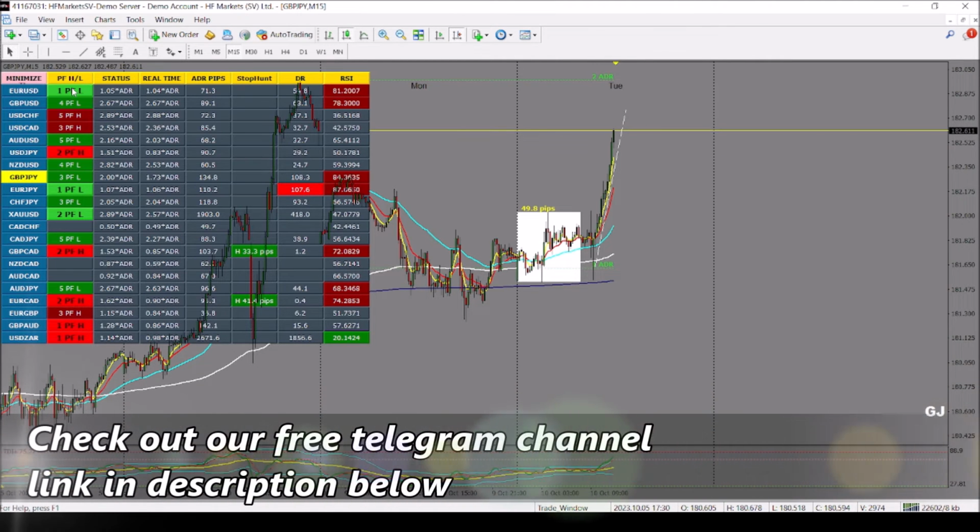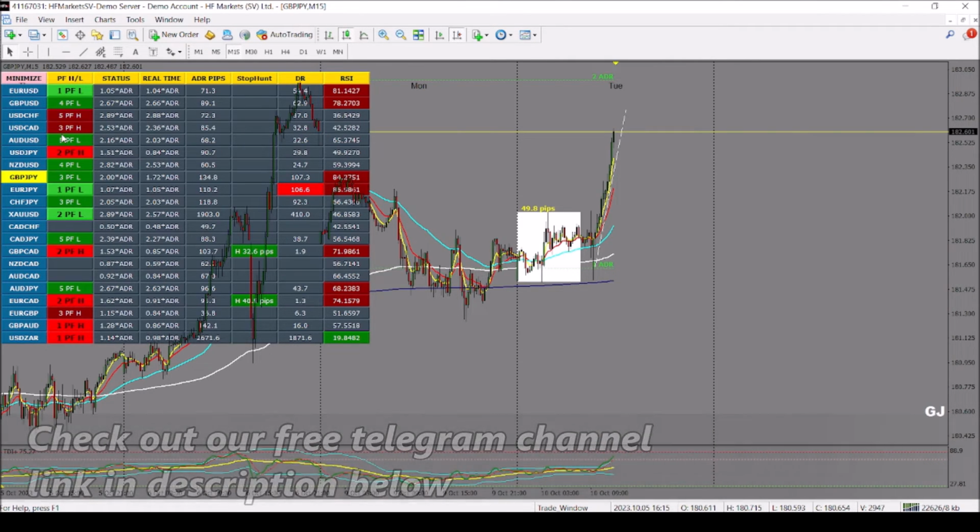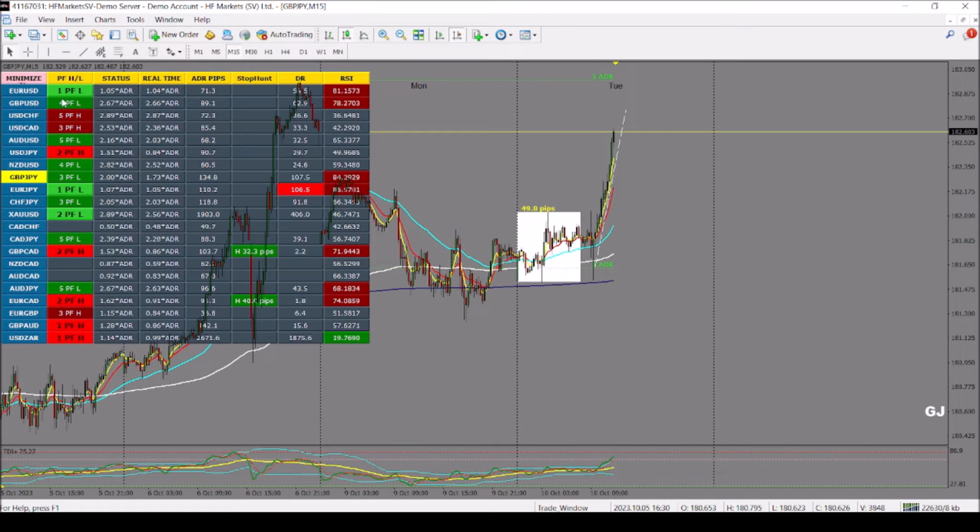So basically, when a peak formation has been issued, it will actually give you a digit here, right? So the green color is actually signifying peak formation high to the upside or to the buy side, whereas red color is peak formation low to the downside, right? So peak formation, the vice versa, peak formation low to the upside and peak formation high to the downside.